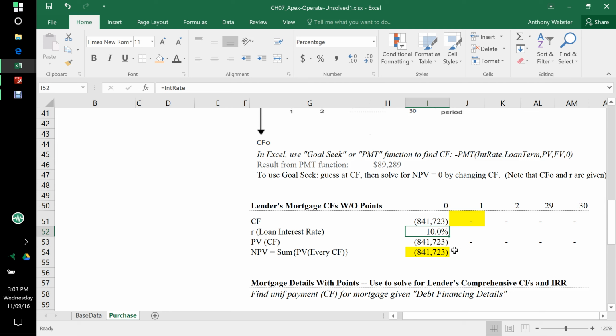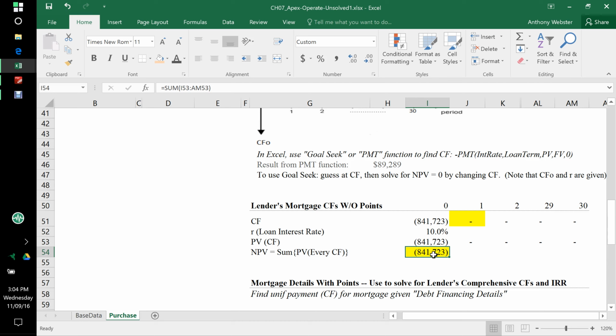Okay, and as always, with all these problems, we're going to need to know the present value of every stinking cash flow. So I've got the first one set up for us here. You can look at the formula up here. It's something that we're all very, very, very familiar with. And down here, I just have the sum of all of the cash flows.